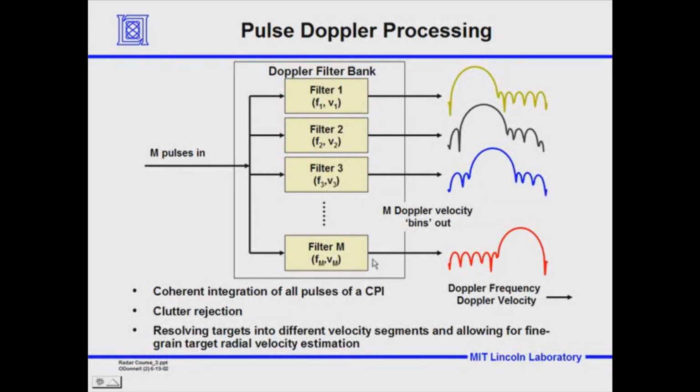And the set of Doppler filters covers the entire Doppler band. We use this Doppler processing to reject clutter, and we also use it to resolve targets with different velocities, so it allows for fine-grained target radial velocity estimation.